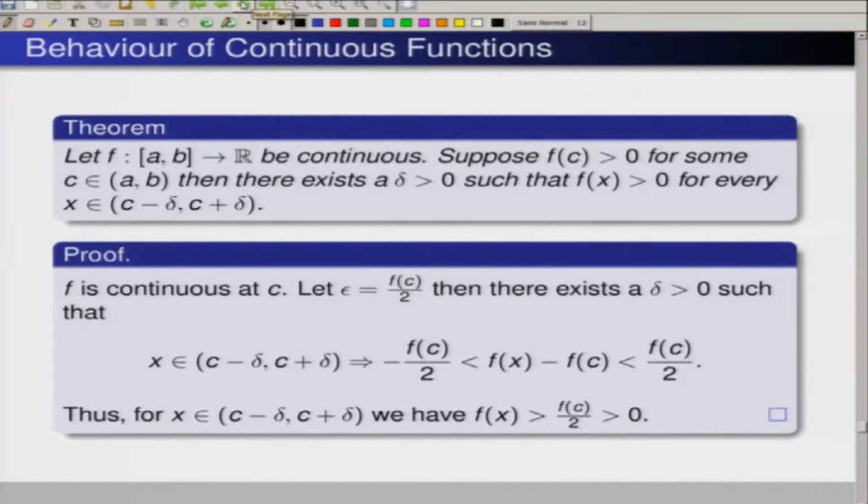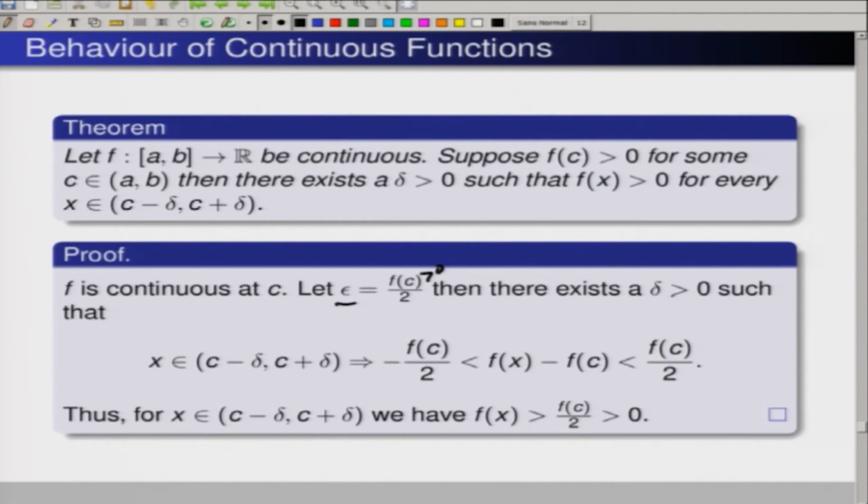So, the proof is now: f is continuous at c, which means what we want to see is that if in a neighborhood it is greater than some positive number, we will be done. Now, you take epsilon to be f(c)/2. So, epsilon is positive because f(c) is positive.